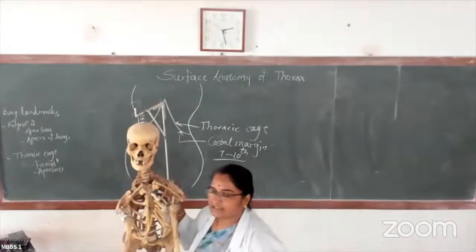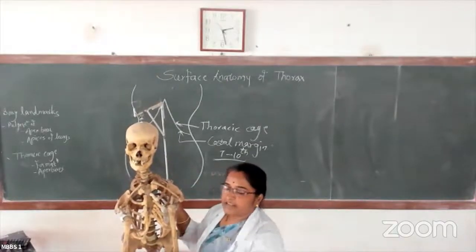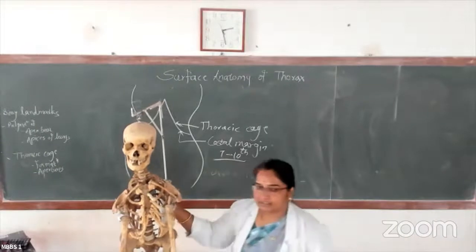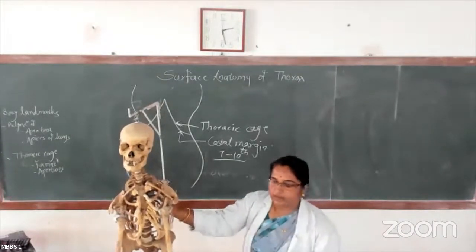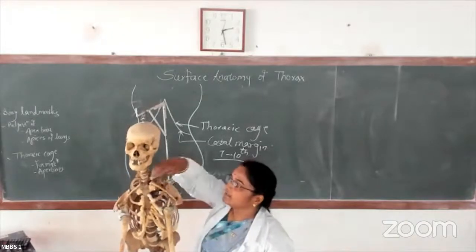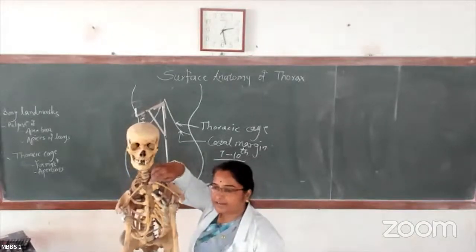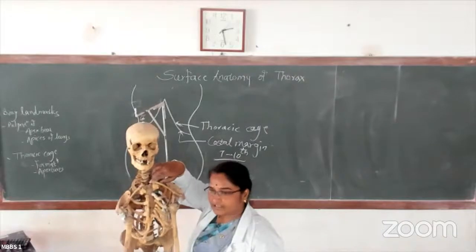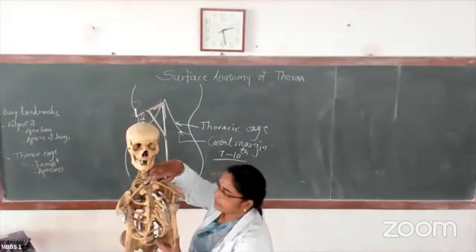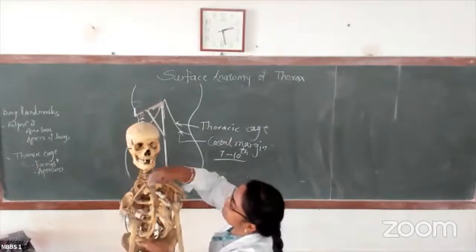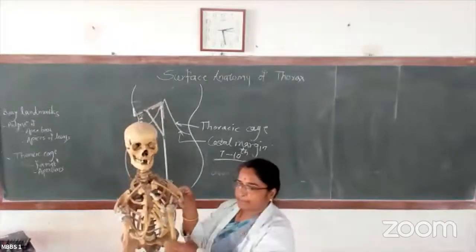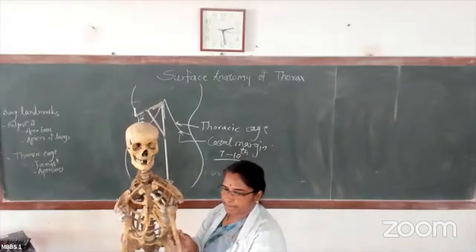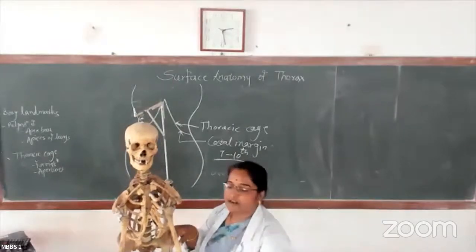Again, which structures enter or leave through this aperture? On the right side, there is the brachiocephalic artery, and in the neck it divides into right subclavian and right common carotid. On the left side, there is left common carotid artery and left subclavian artery. Now this superior thoracic aperture is closed by Sibson's fascia or suprapleural membrane.